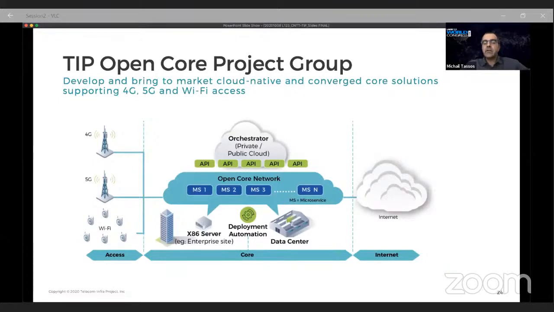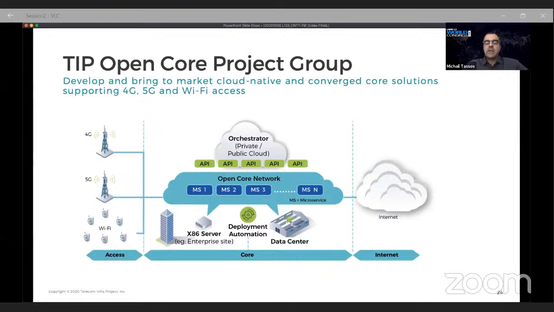We're focusing on an orchestration framework that can implement all the lifecycle management for the core microservices, and then an automation framework and tools to easily integrate and deploy the code into different types of infrastructure. Our goal is for these solutions to be not only access agnostic, but also infrastructure agnostic to the extent possible, with the capability and flexibility to deploy in different types of infrastructure.